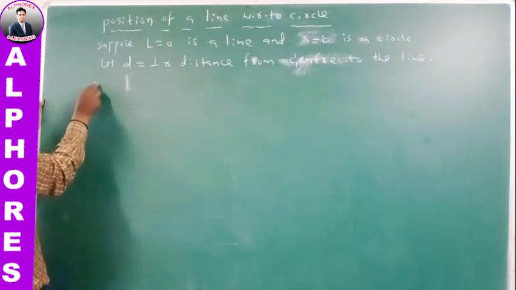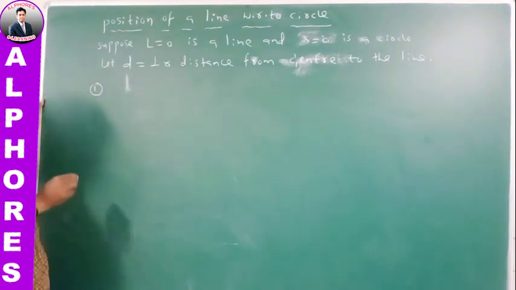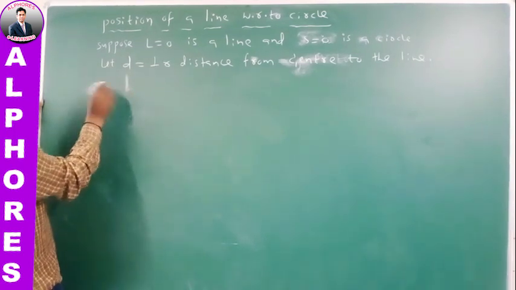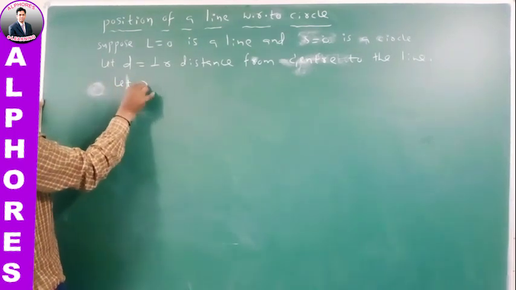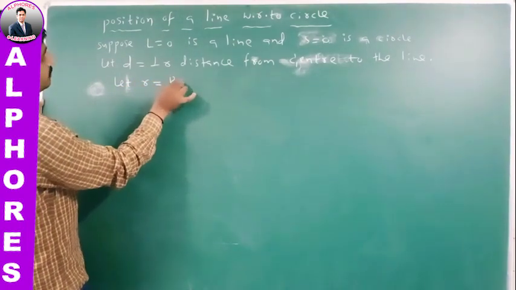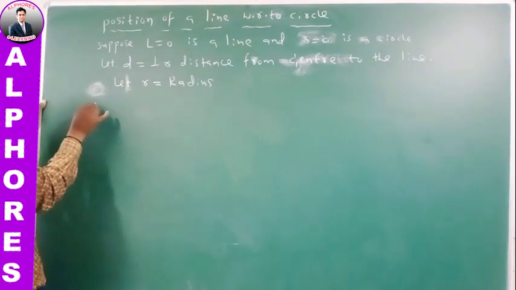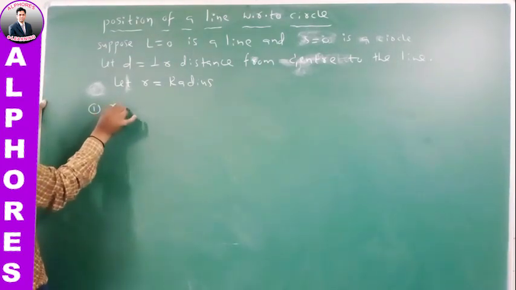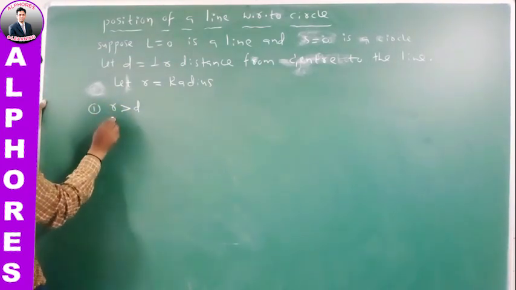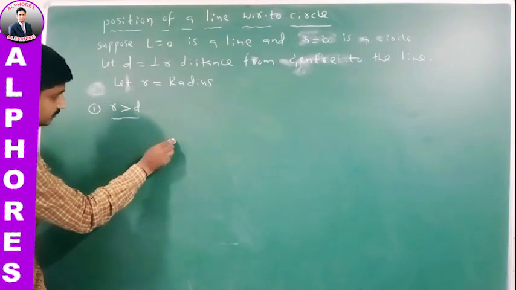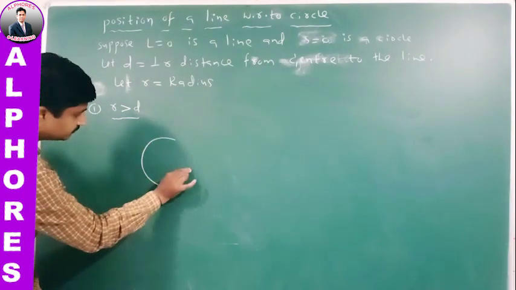First one. Let R equal the radius of the circle. First one, R is greater than D. If R is greater than D, listen here.